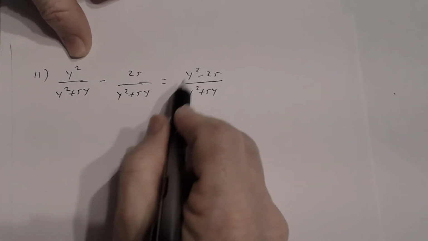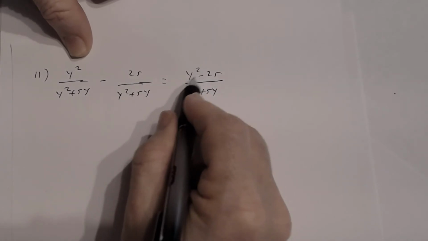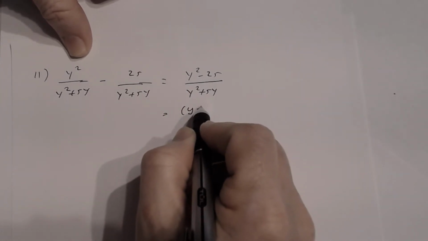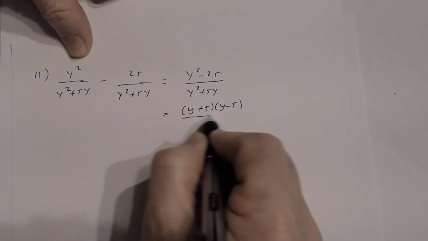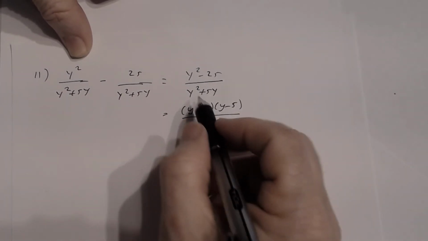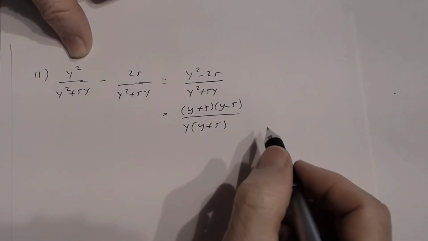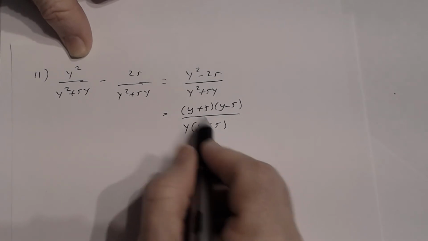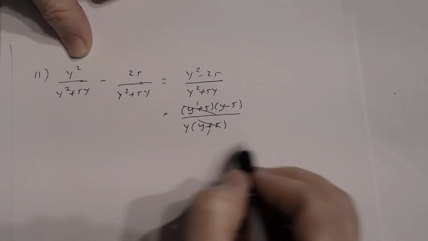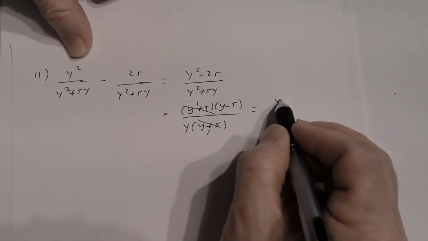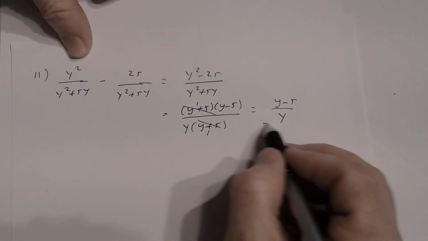Once you have one rational expression, the next step is to factor. The numerator is the difference of two squares, so I get (y plus 5) times (y minus 5). In the denominator, I can factor out a y, so that's y times (y plus 5). Once you factor, the next step is to reduce, and the y plus 5's divide out, leaving factors of 1. So the answer is (y minus 5) divided by y.